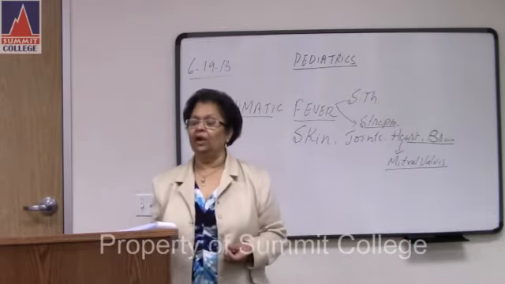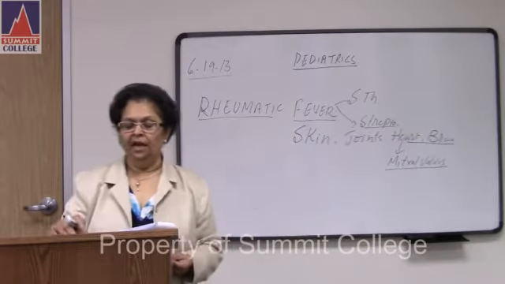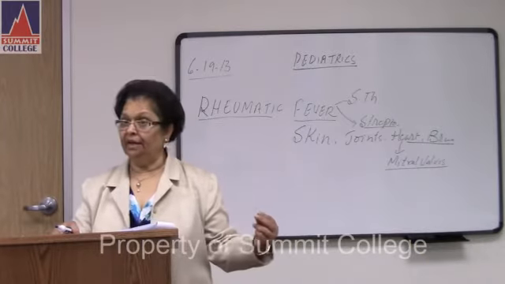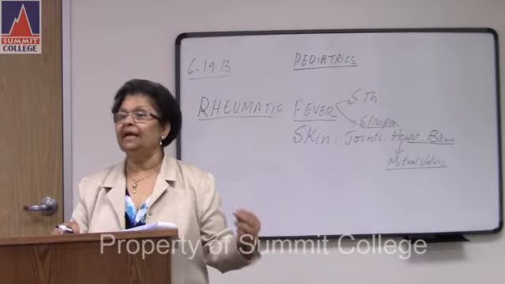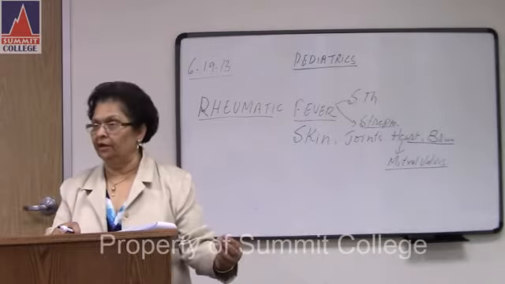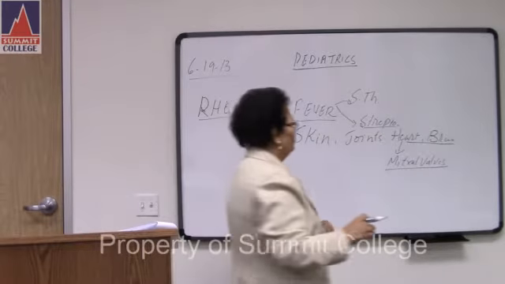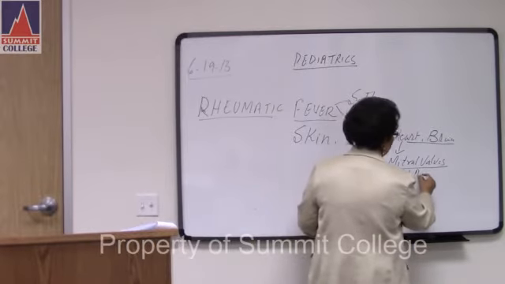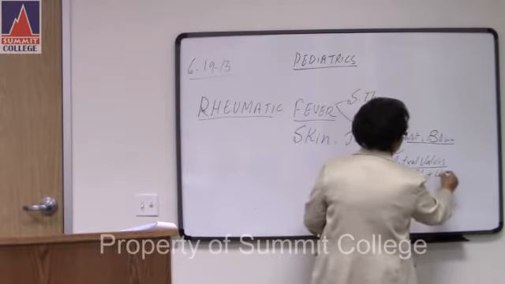Mitral valve. So highlight the word valves. And where is the mitral valve? On the left side, between the left atrium and left ventricle. Everyone should know where the mitral valve is: between the left atrium and left ventricle.